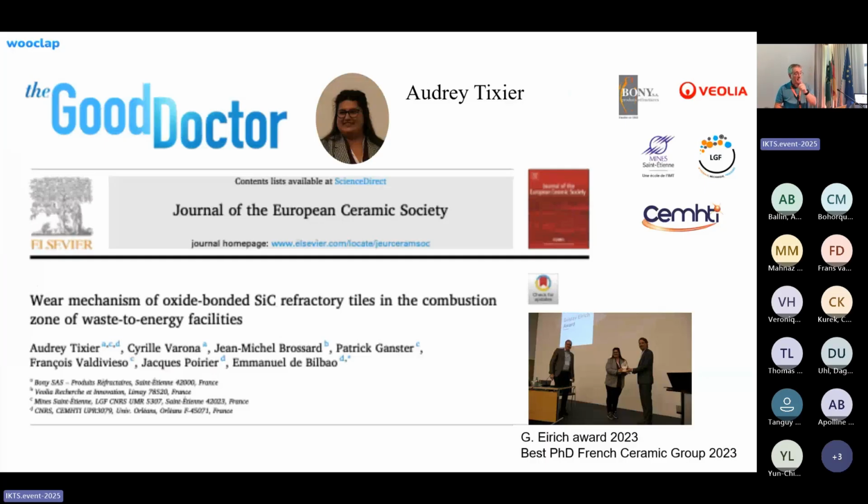After the diagnostic, after the new formulation, I cannot give you the formulation because it's confidential, of course. But she also performed the mechanical calculation for the pressing of the tiles in 3 years. This project was called Twice because the objective was to multiply by 2 the lifetime of the refractory.